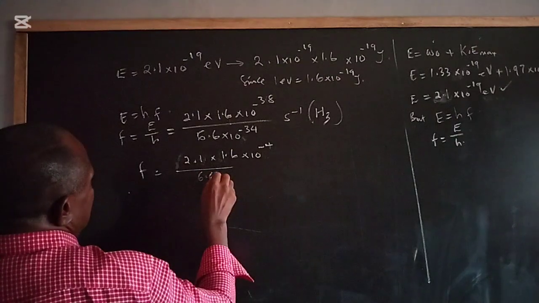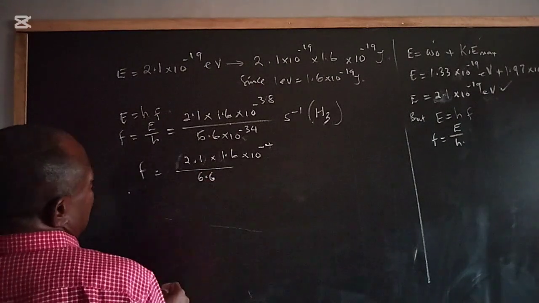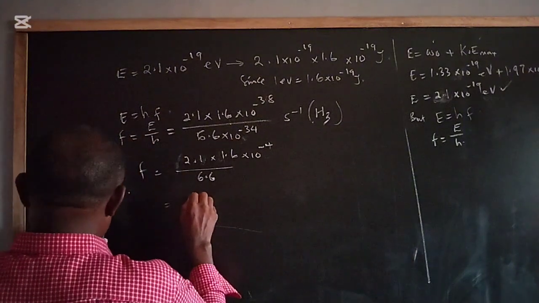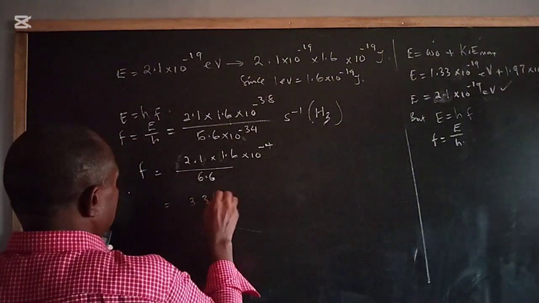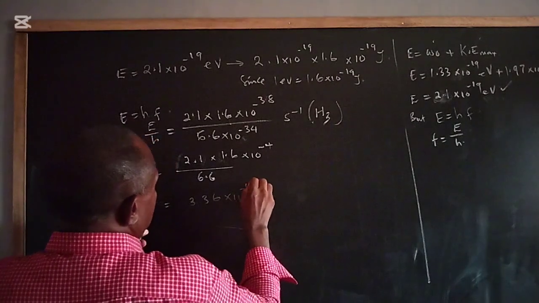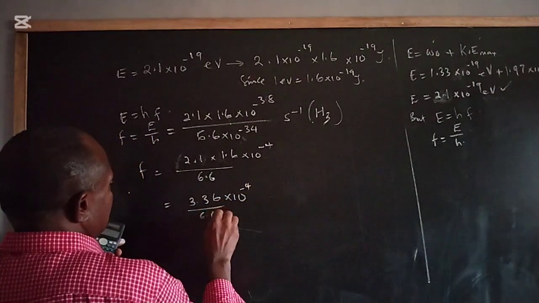This is dividing by 6.6. So the result is going to be 3.36 times 10 raised to the power minus 4 divided by 6.6.